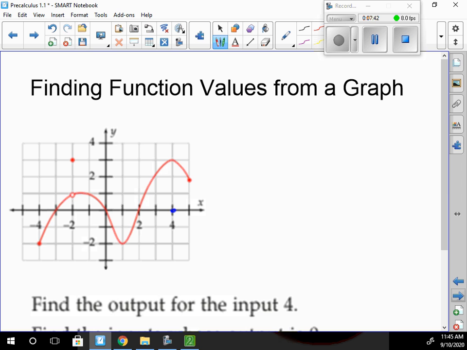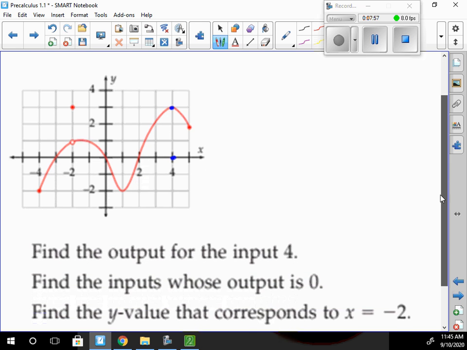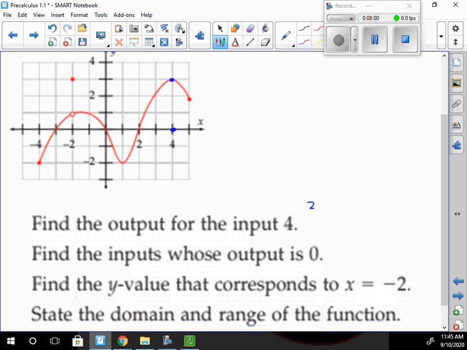Where's my y? Well, I just go up to where the graph is. The graph is here when x is 4. What value is this? 3. So my answer, the output when the input is 4, is 3.